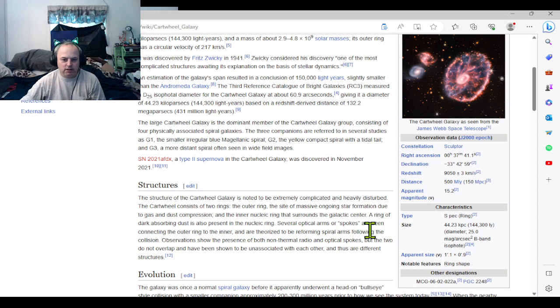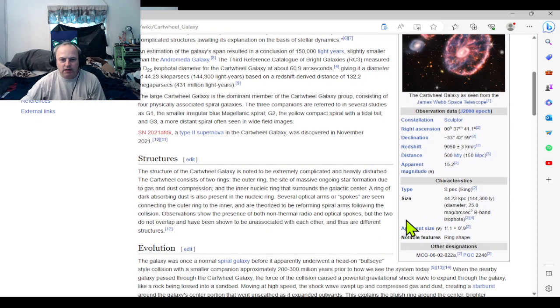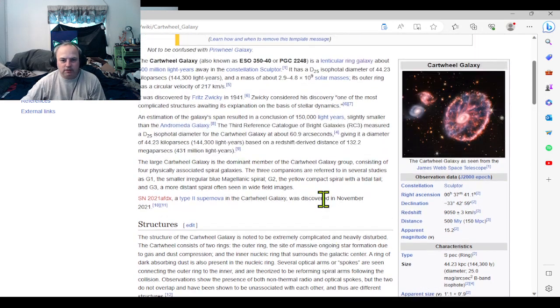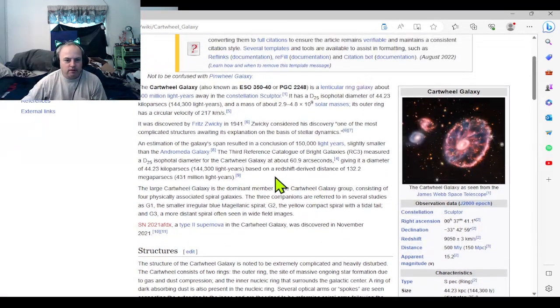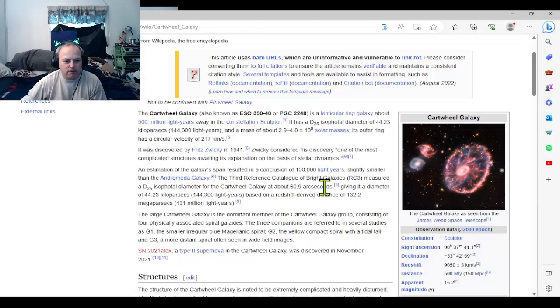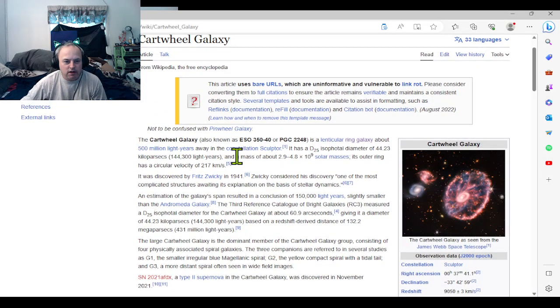So to me, it sounds small. It doesn't have a mass. It doesn't say what its weight is, but I'm guessing it's pretty heavy. But really small if it's only 144,000 light years across. But we can't tell. And no, it doesn't know what the mass is. Oh, it does here. So it has a mass of 2.9 to 4.8 solar masses.